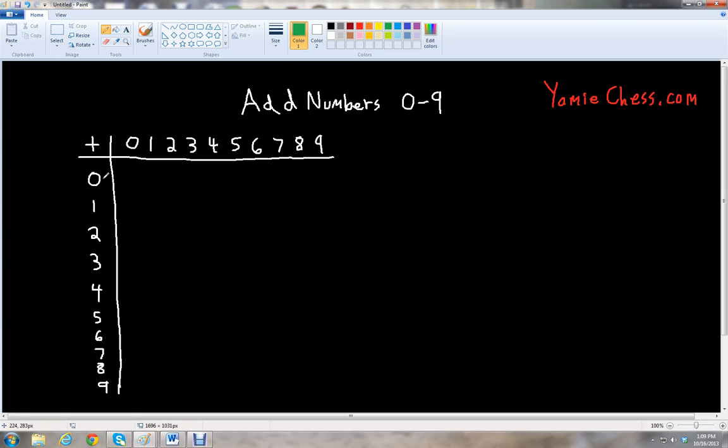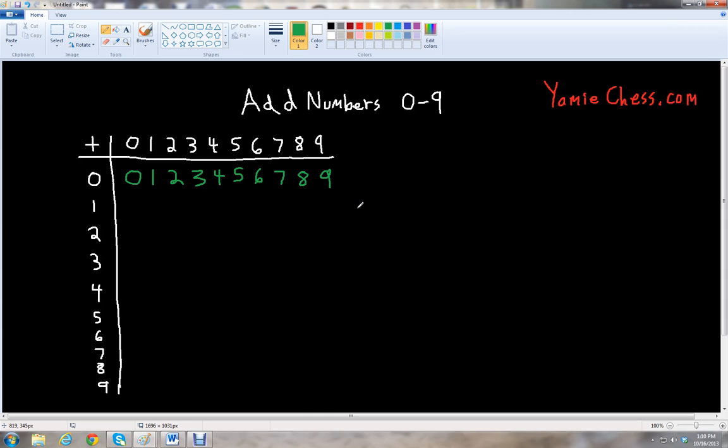For example, 0 plus 0 is 0, 0 plus 1 is 1, 0 plus 2 is 2, 0 plus 3 is 3, 0 plus 4 is 4, 0 plus 5 is 5, 0 plus 6 is 6, 0 plus 7 is 7, 0 plus 8 is 8, and 0 plus 9 is 9.